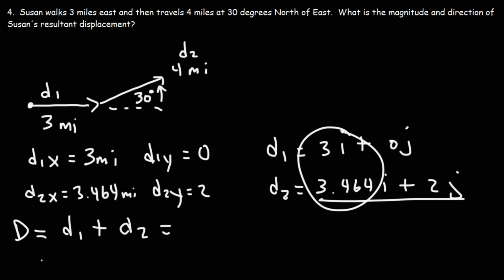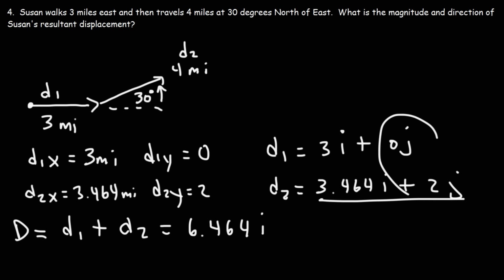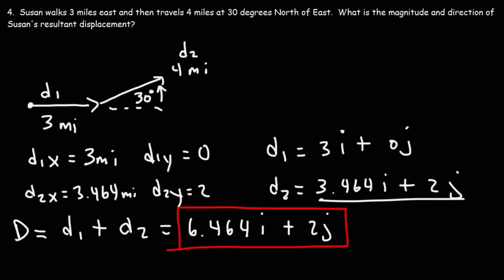So adding these two, we're going to get 6.464i, and then adding those two, we're just going to get plus 2j. So this is the resultant displacement in component form. This is dx and this is dy.